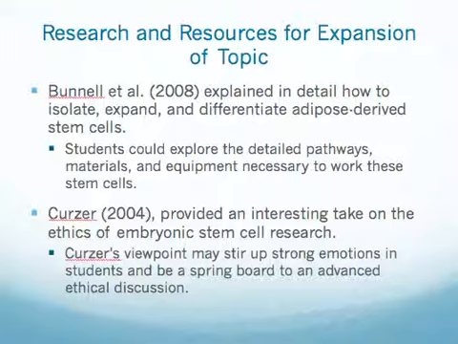It went into the specific solutions you needed, and with differentiation, trying to get cells to do that, those mixtures are very important. What I could do with this is my students could explore that detailed pathways, the materials, equipment necessary to work with the stem cells, give them that big initial or advanced foundation in that.